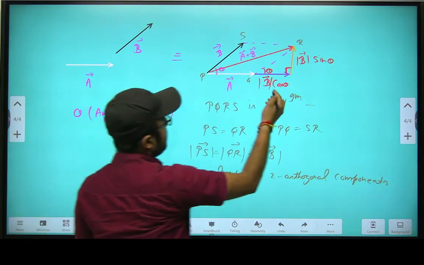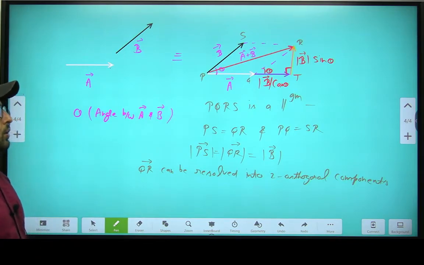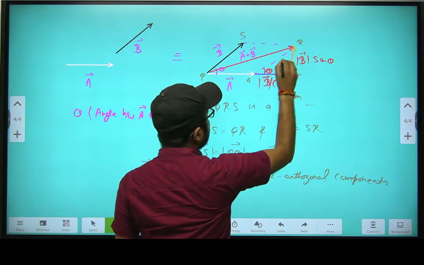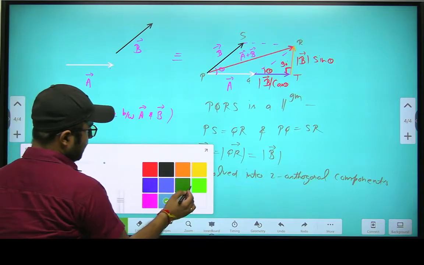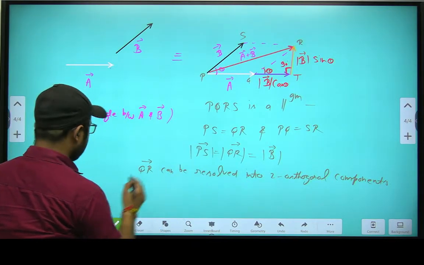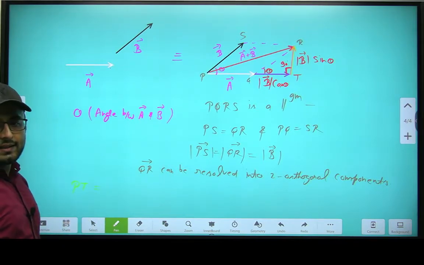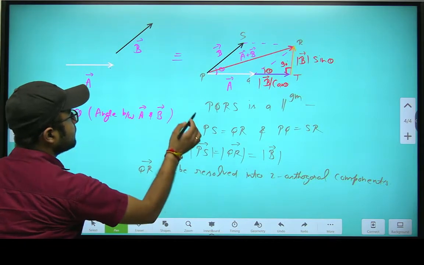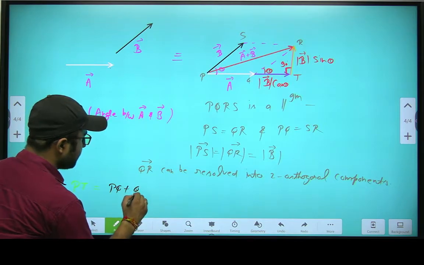Let us name the junction point T. So what we can say, and this angle is 90. This side PT can be written as PQ plus QT.